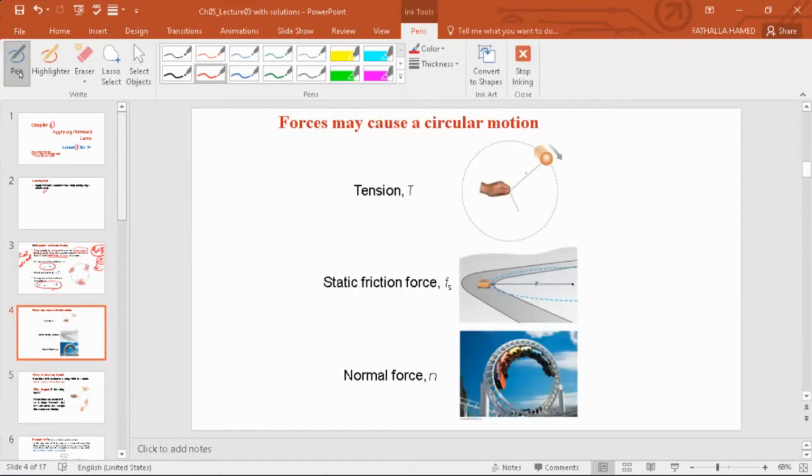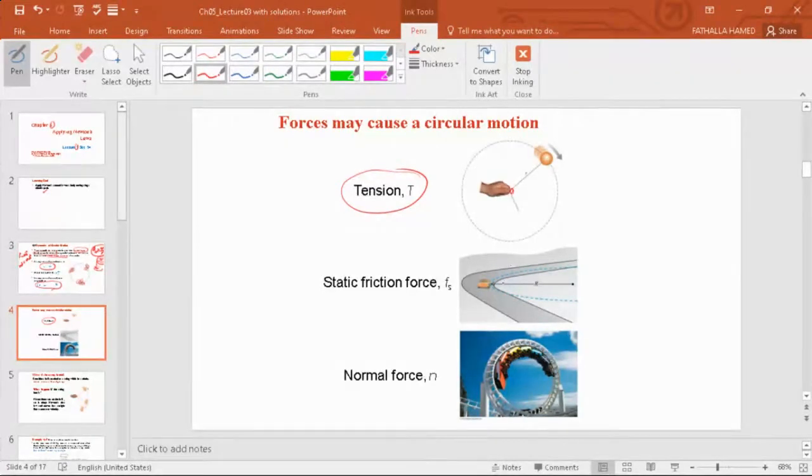Now, for the cases that we're going to consider, to keep things going around a circle, you can use a tension. Like in the case you have here, you have a mass tied to a rope or a cable or a wire, whatever it is, and you force it to go around a circle where you're pulling here at the center.